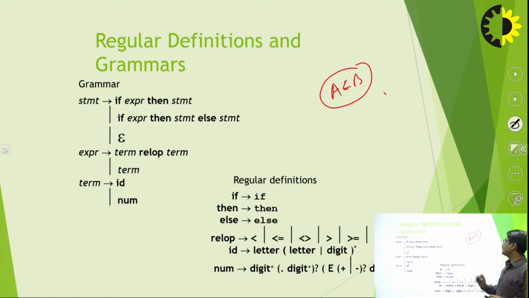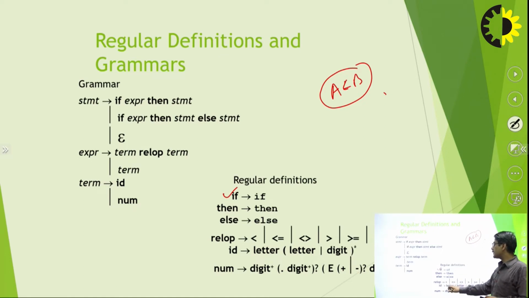If you are talking about regular definitions in that, if produces if, which is a keyword. It is a regular expression, but it is fixed because a keyword is fixed in the regular definition. So if derives if, then derives then. There is no change in the regular expression because a keyword's regular expression is unique. Then else is also there.